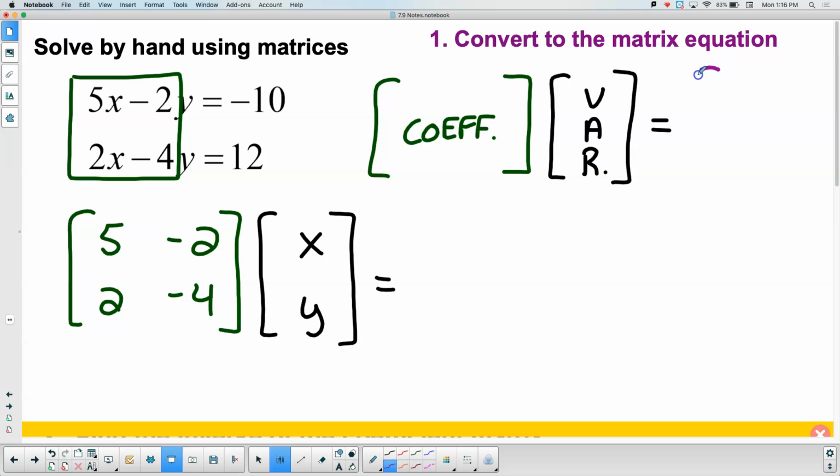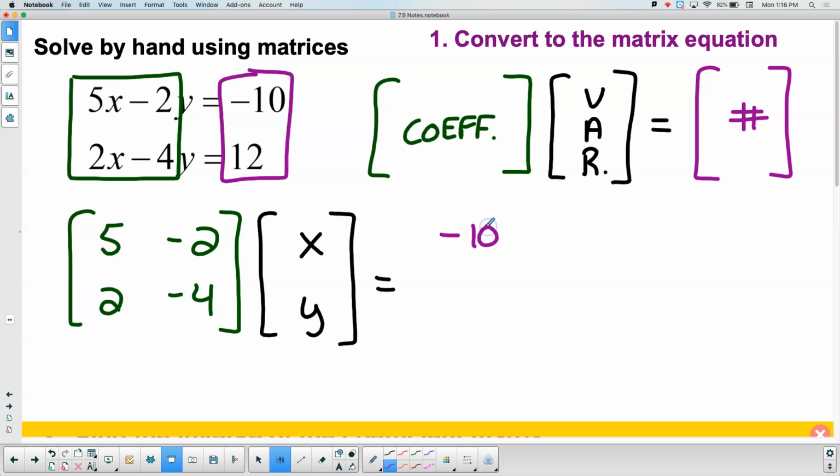Then you're going to have your constants, or your numbers, if you will. So now, if I were to multiply on the left side and solve, I'd have 5x minus 2y equals -10, and 2x minus 4y equals 12.